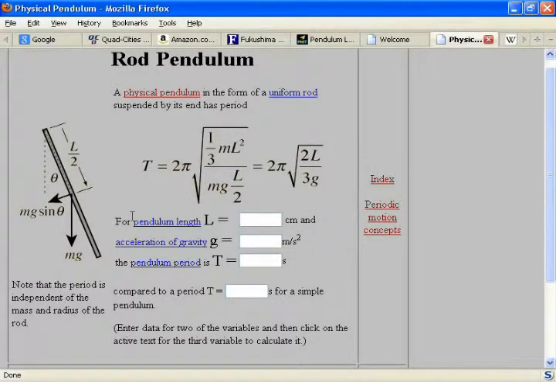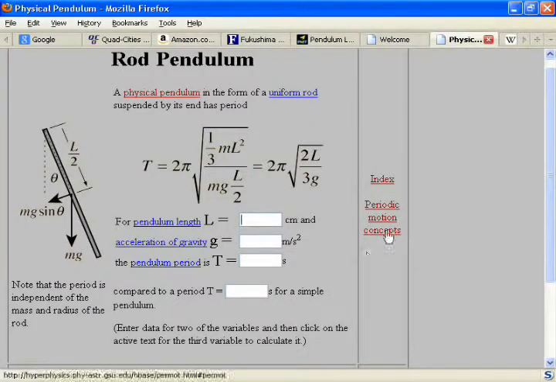However, there are some effects of friction that need to be taken into account as you get to low masses, which I'll talk about. So here's our equation for a rod pendulum, which is essentially what the flag is: uniform density along its length. 2 pi times the square root of 2 times the length over 3 times the acceleration of gravity. So let's plug in what we know.